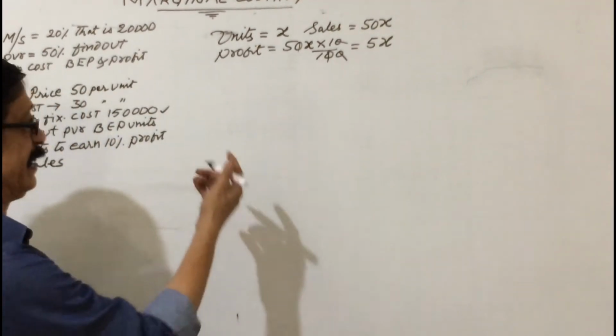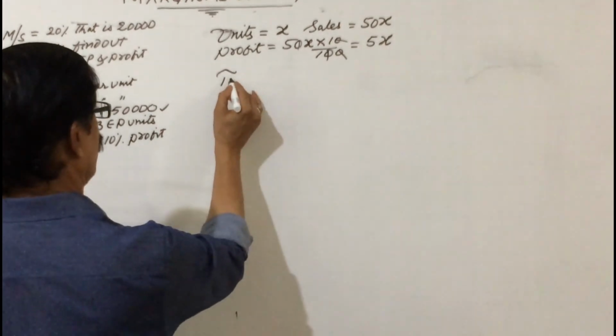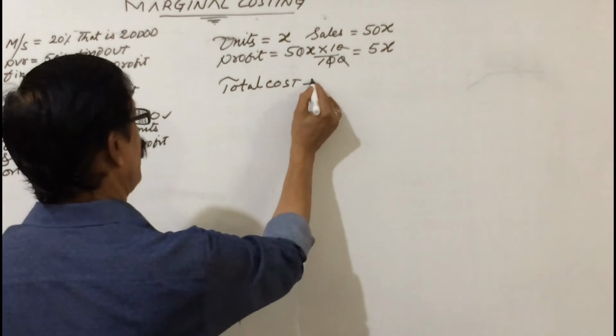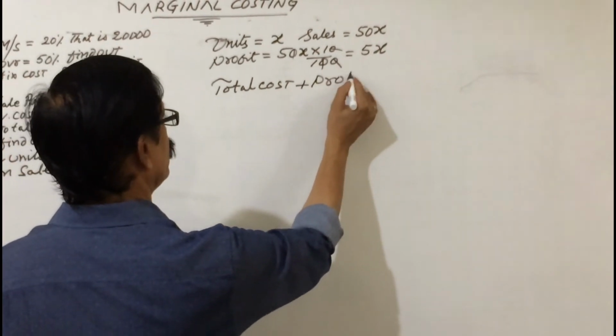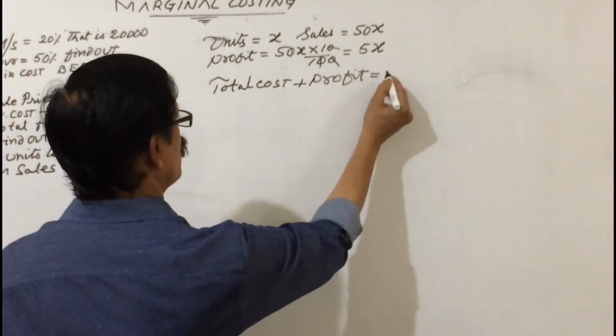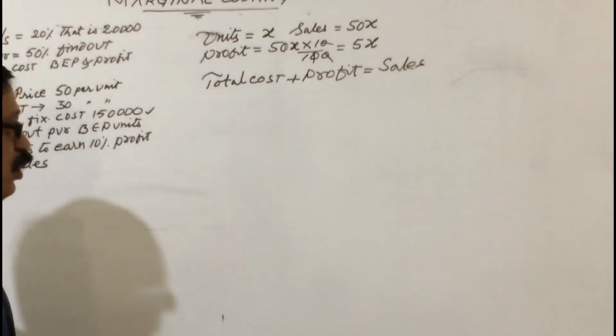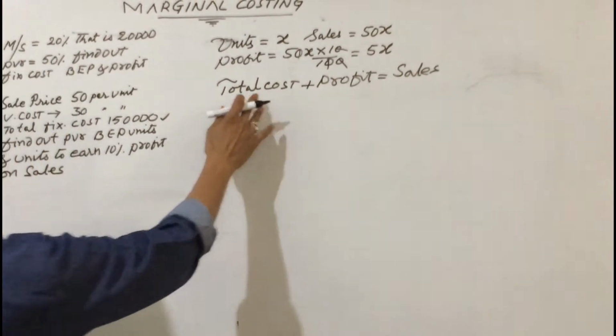Look here, sincerely. Total cost plus profit is equal to sales. How much is our total cost?